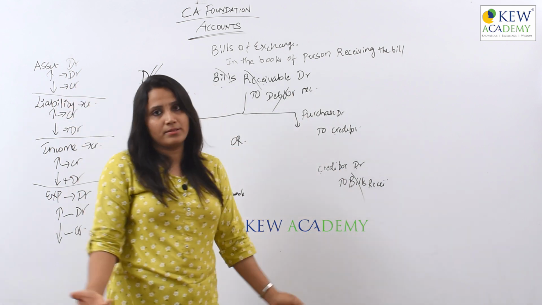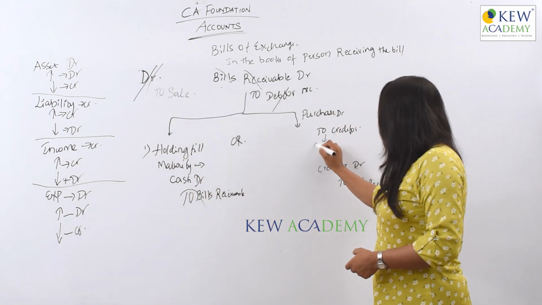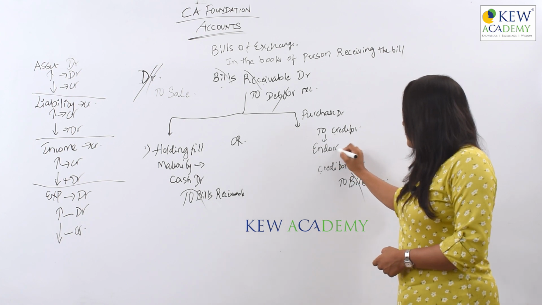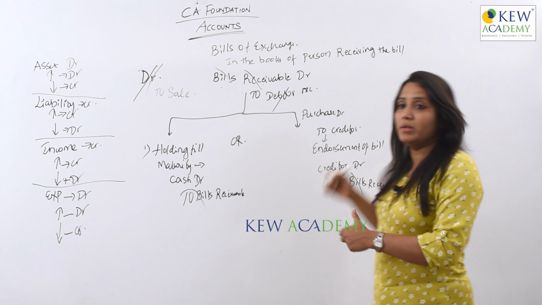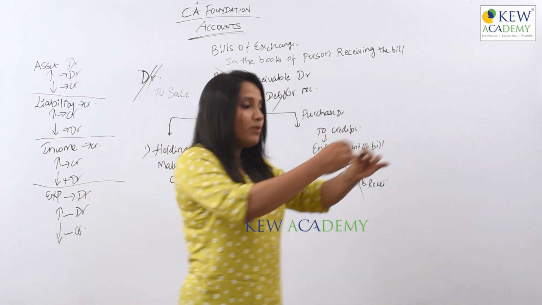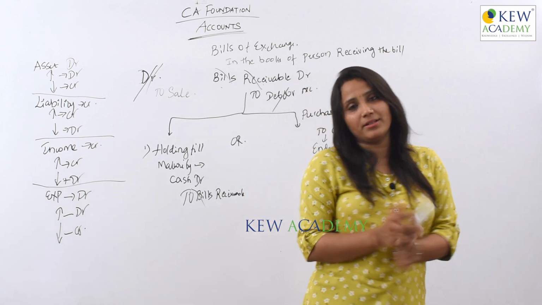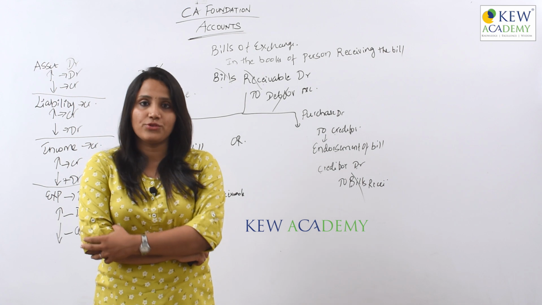Where bills. So this is what I am going to call it as an endorsement of bill. I am taking my bill and I am endorsing my bill to my creditor. This is what I call it as an endorsement of bills of exchange.